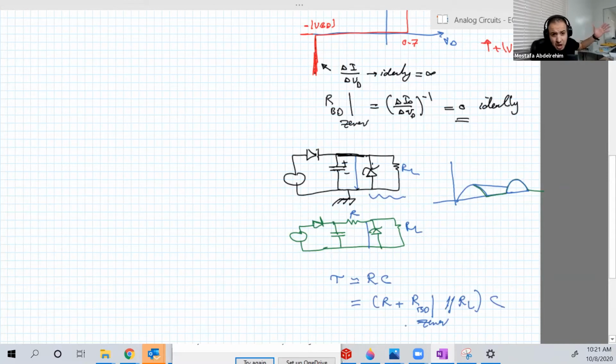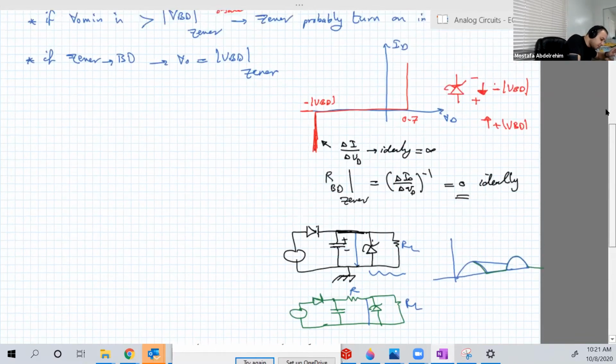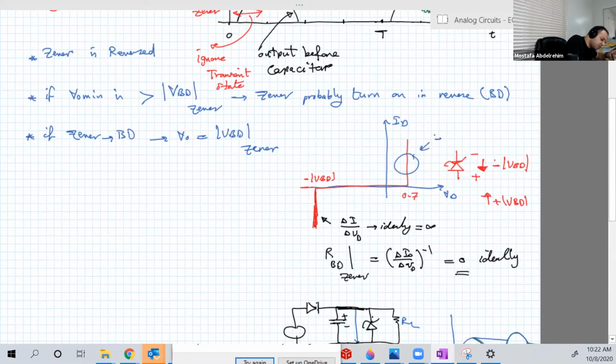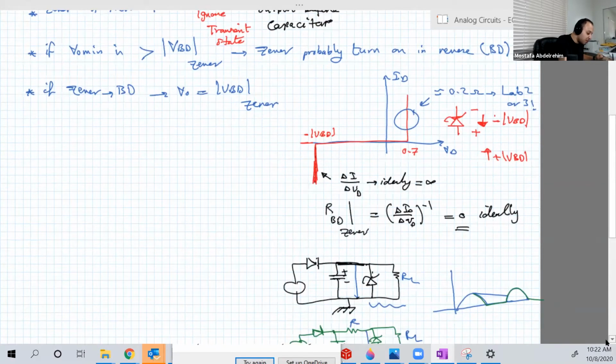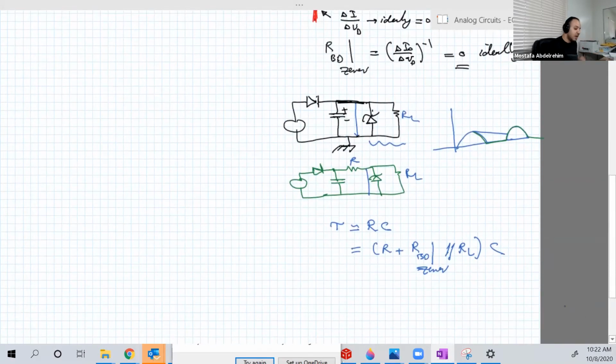You remember, guys, when you measured the forward resistance of the diode, in that region here, it was around 0.2 ohms. I think this was lab 3 or lab 2, I can't remember, one of these two labs. It was very small, almost zero. And of course, in a parallel combination, the smallest resistance dominates.